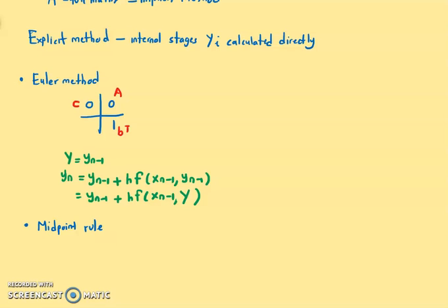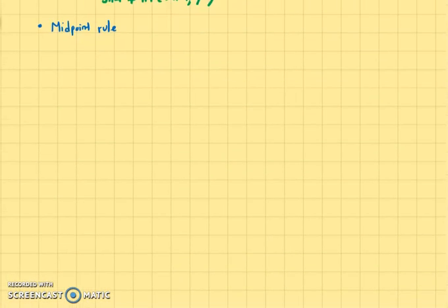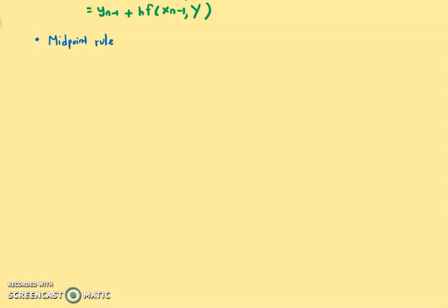Now the midpoint rule's Butcher tableau is given as this: 0, 0, 0, 0, 0, 1. As I can say, there are two stages here, so I have Y1, Y2.